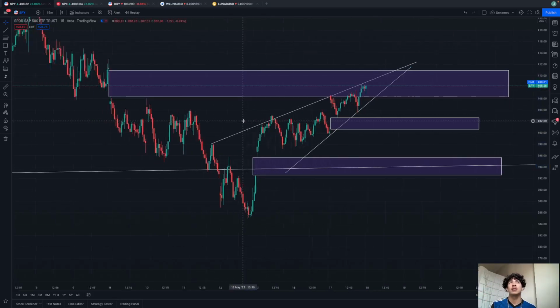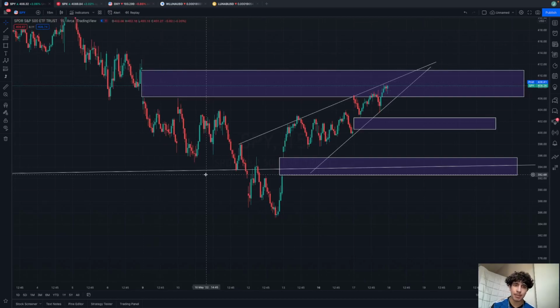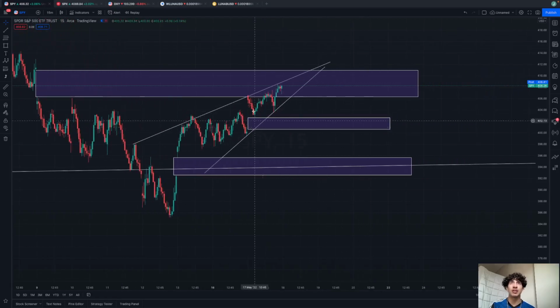And also note that we're inside of this gap, right at that 410 level. That's where that gap ends, and we're almost there. I don't know if it's going to completely get filled or not, but I'm not sure how long we can just keep going straight up. You got two gaps underneath now.